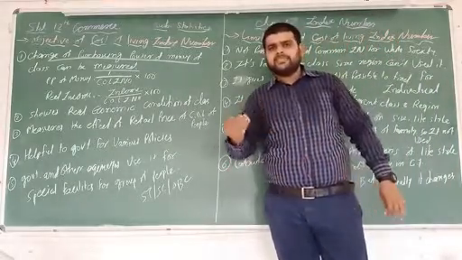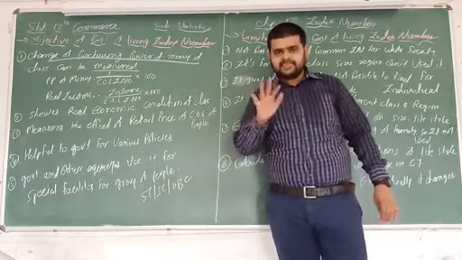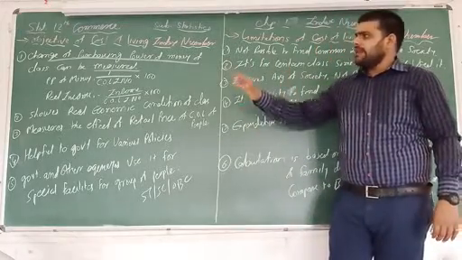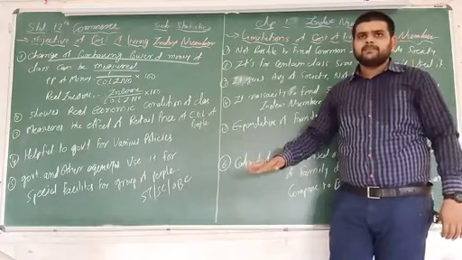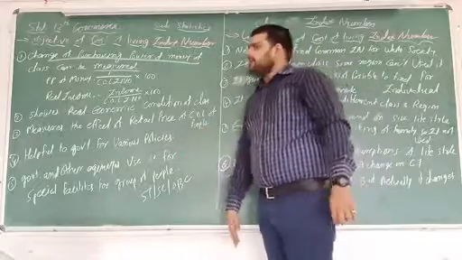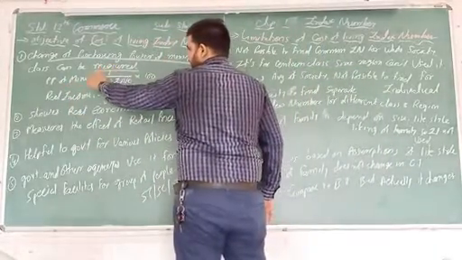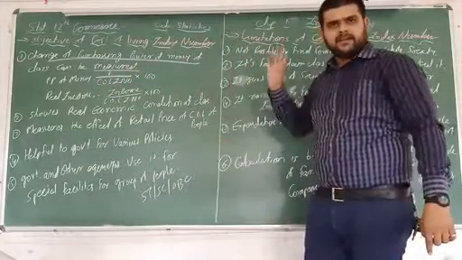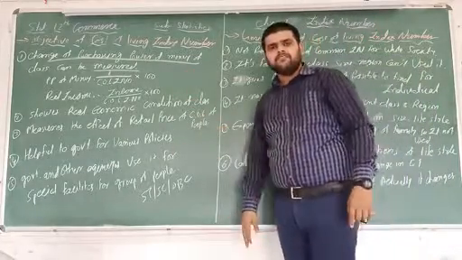So right now we face that the purchasing power of money is reduced, it decreases. So with the help of cost of living index number, we can measure how much it increases or not. How can we find out? The formula for the purchasing power of money is 1 divided by cost of living index number multiplied by 100. So with the help of this formula we can find out the purchasing power of money.